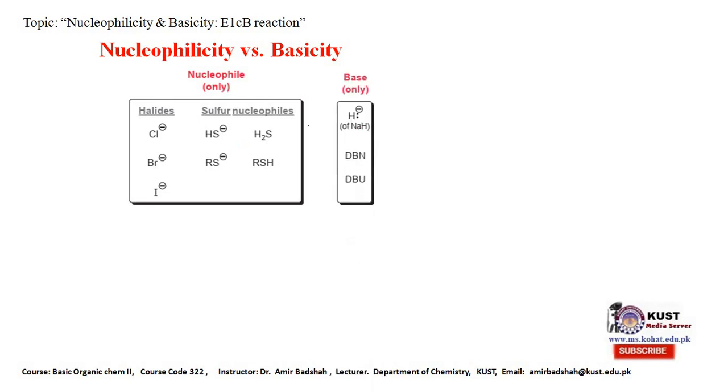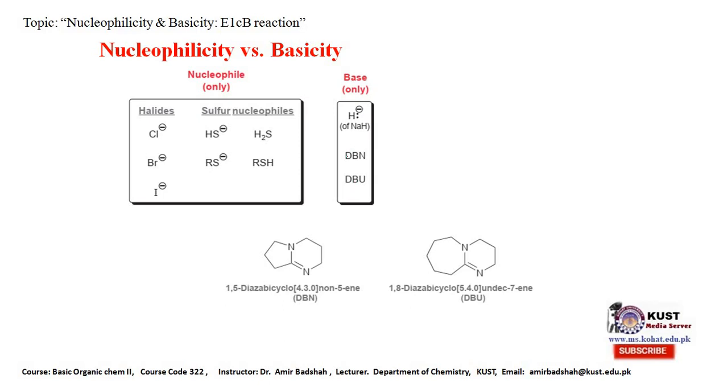Similarly, some species can act only as a base. For example, the hydride ion, DBN and DBU, where DBN is derived from 1,5-diazabicyclo[4.3.0]non-5-ene. This is the structure of this compound.